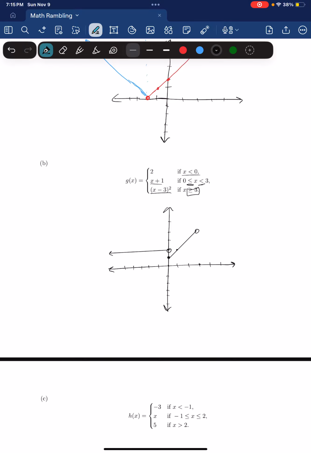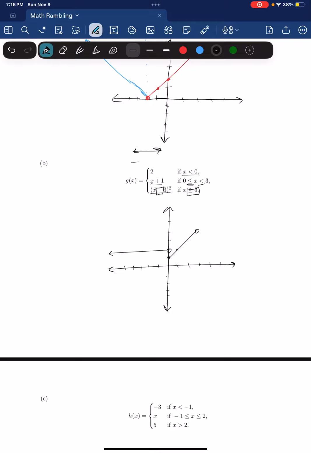Is it left or is it right? How do we know? We look at the sign. Negative sign makes me think left, but it's backwards, so that means right. So this is the graph of x squared just shifted to the right 3.